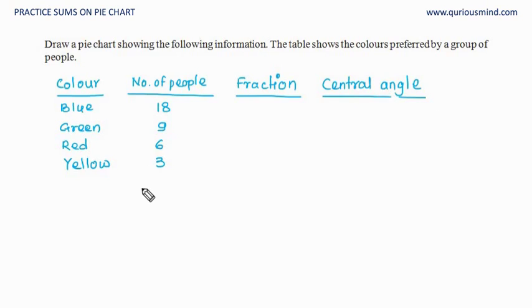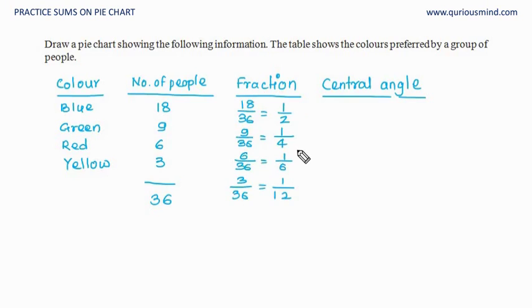To find the fraction, we need to know the total first, because fraction is part upon whole. So the total here is 36 people. So for the fraction, we will divide the frequency by 36. So we have got the fractions.